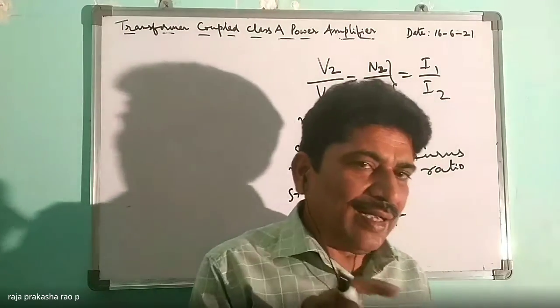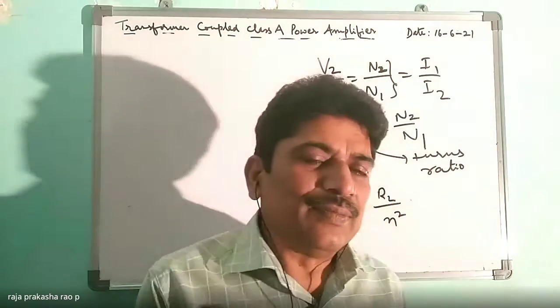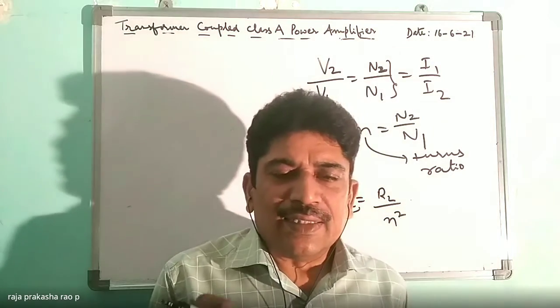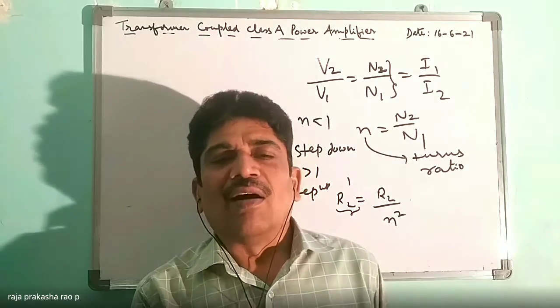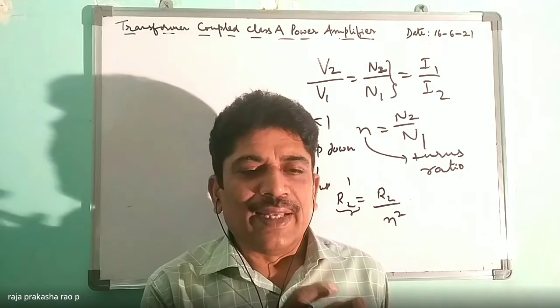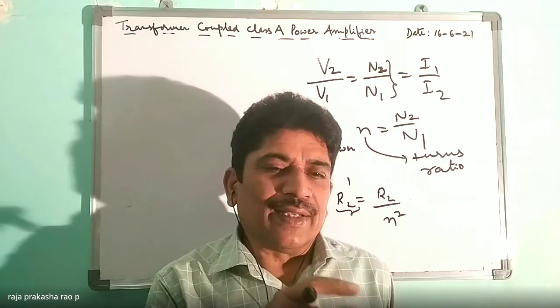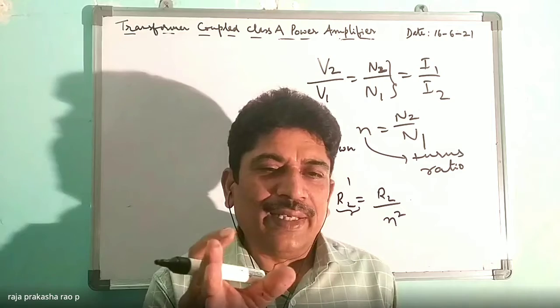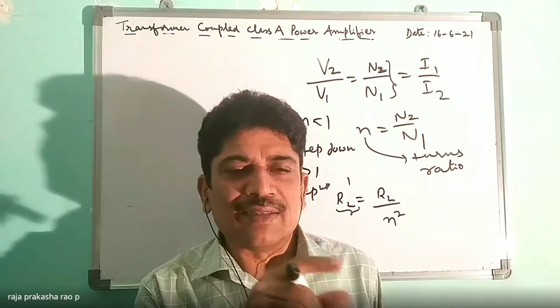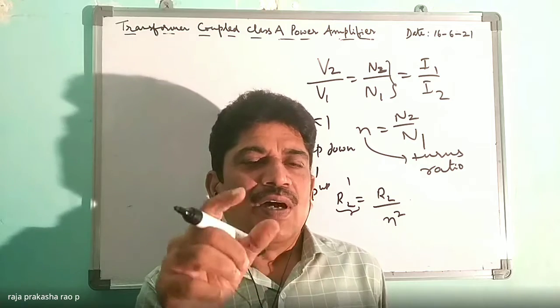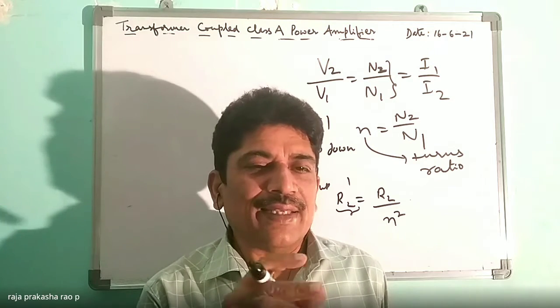So that the RL dash is nothing but the reflection of RL on the primary. In the AC analysis, we remove that primary and then connect this equivalent resistance, that is RL dash, which is equal to RL by N square.